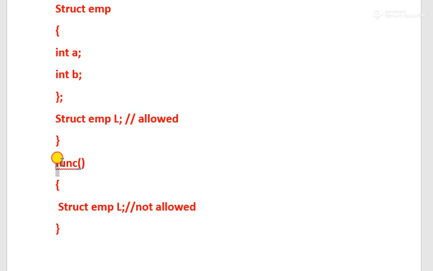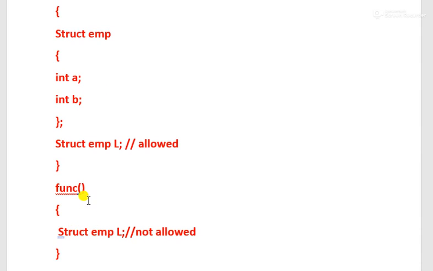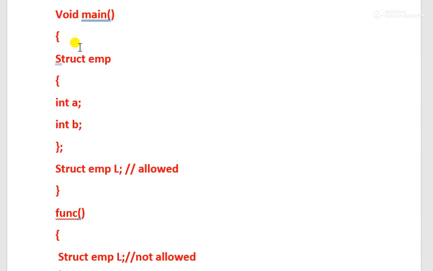Function is another method, so we cannot access this structure from this function or method. Within a function we can access it, but outside of the function we cannot access the structure.